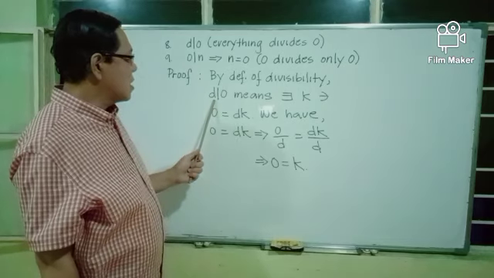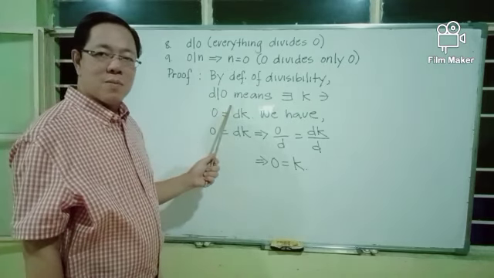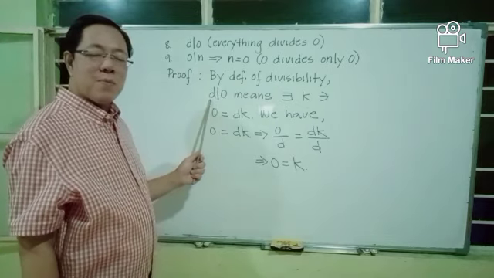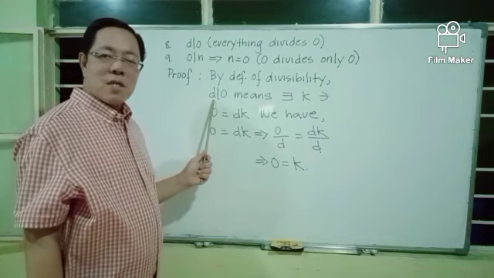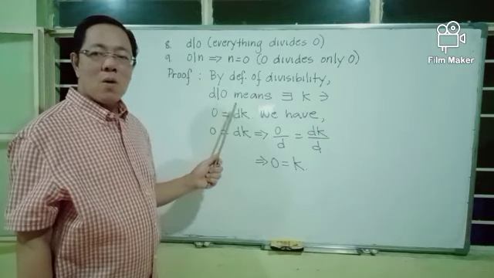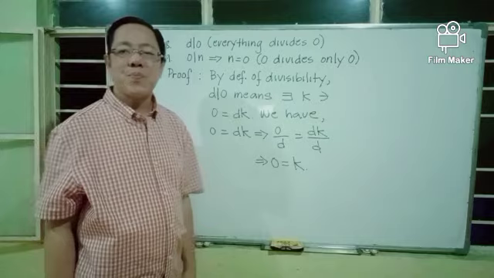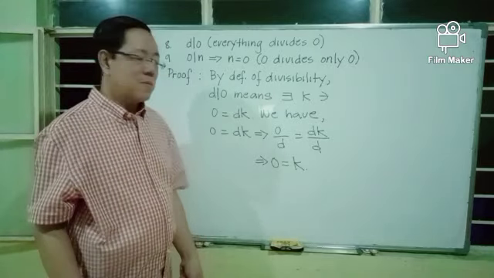Therefore, we conclude that d divides 0. That is, every integer divides 0. That is, every integer d is a divisor of 0. Or we say that every integer is a factor of 0.